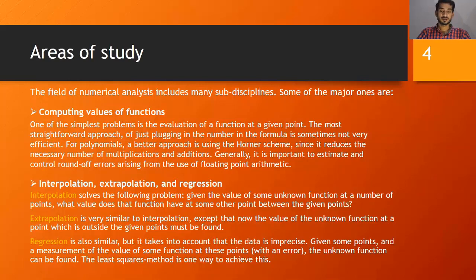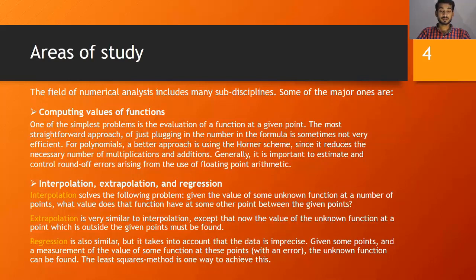Regression is also similar, but it takes into account that the data is imprecise. Given some points and a measurement of the value of some function at these points with an error, the unknown function can be found.